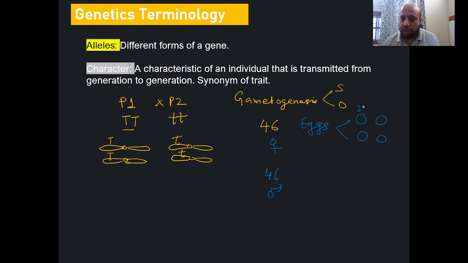So each of these egg cells will consist of 23 chromosomes, not 23 pairs of chromosomes, but 23 chromosomes. Similarly, a man will be producing sperms, and these sperms will also consist of 23 chromosomes and not 23 pairs of chromosomes.